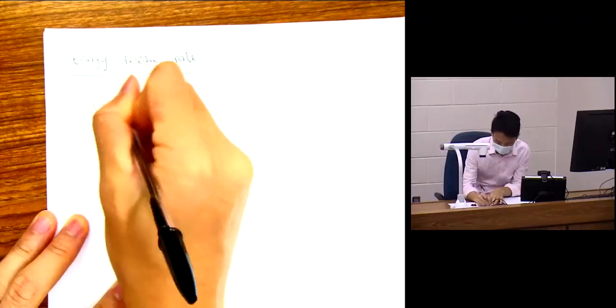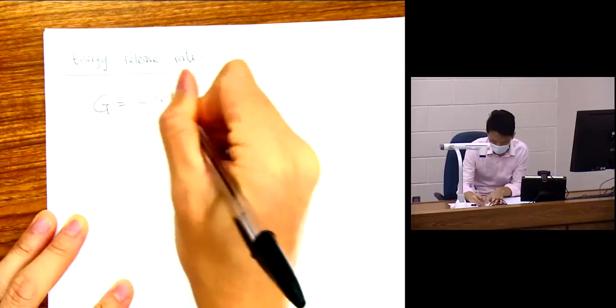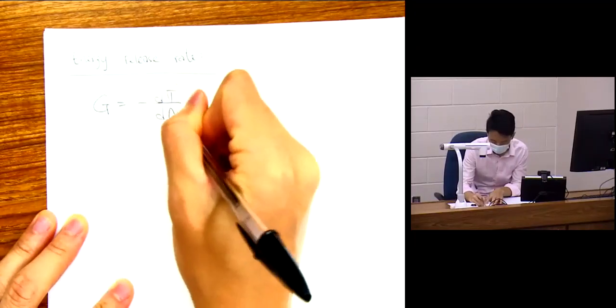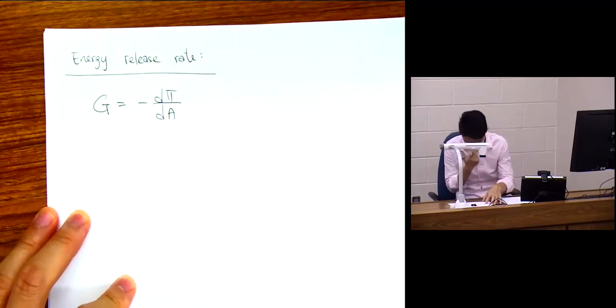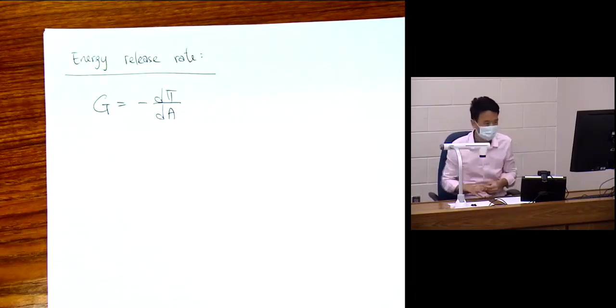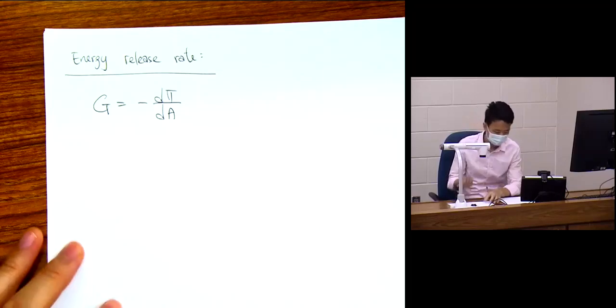I'm going to just write that down and explain these terms one by one. So this is the definition of it. G is the energy release rate, defined as the minus of the derivative of pi with respect to A. Now what is pi?